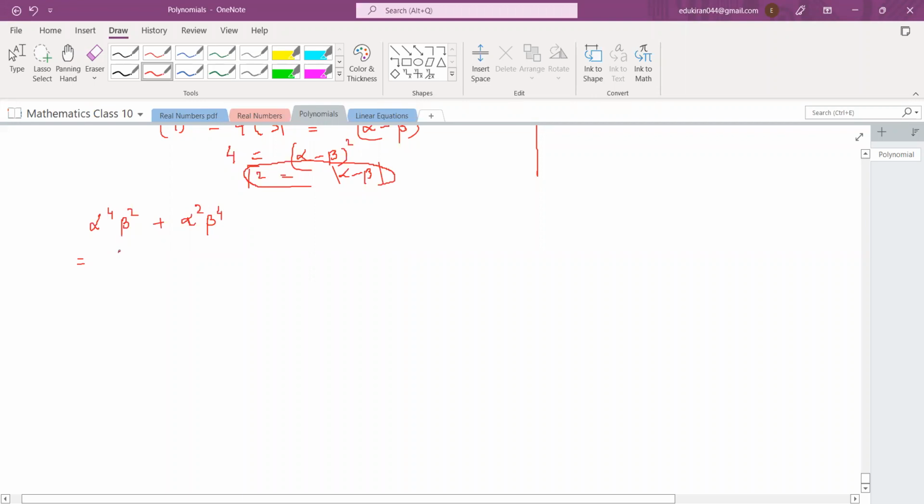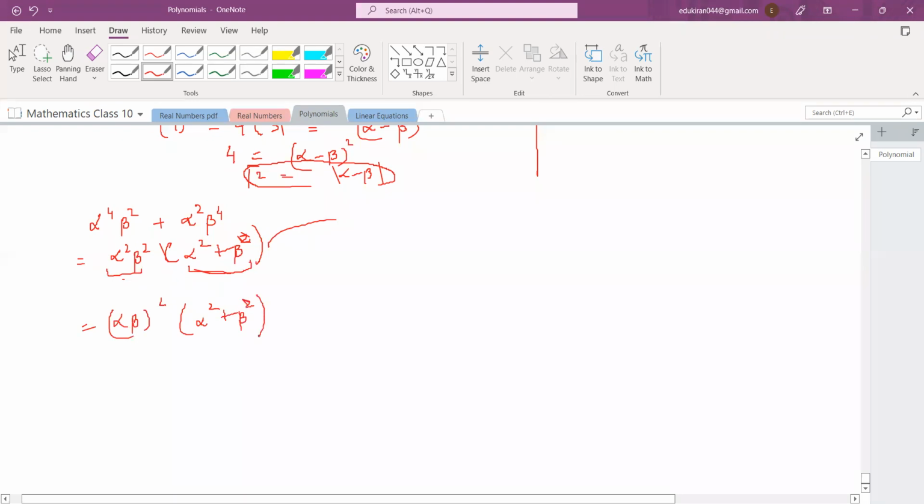Alpha square and beta square. Exactly. So inside I'll be left with alpha square plus beta square. If this kind of question is asked, you will separately find out, first of all, the value of alpha square plus beta square, which I've already told you how to find in the first part. And then you will substitute it here. And alpha beta you already know, so this can be written as alpha beta whole square and then alpha square plus beta square.